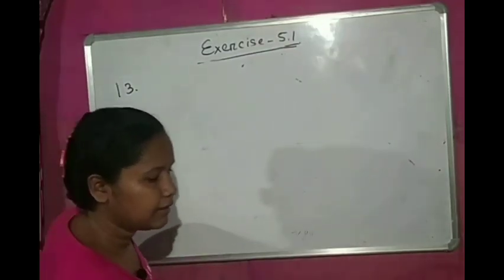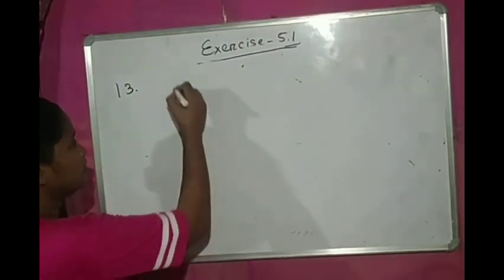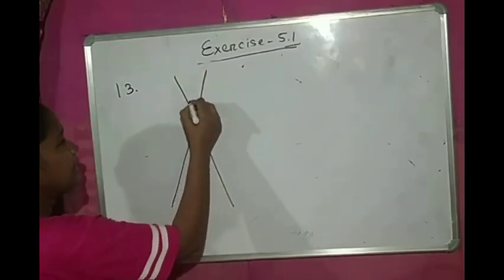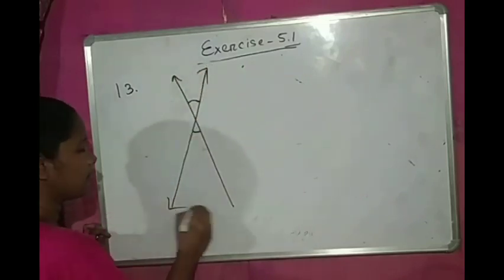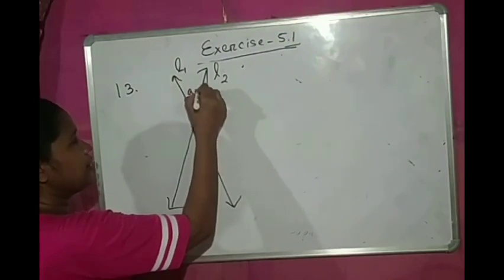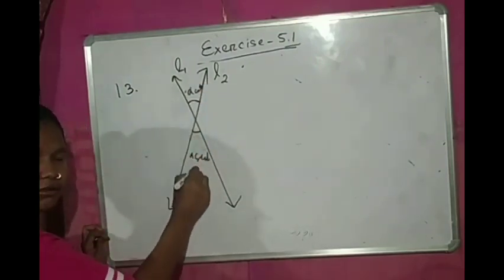Now you can see it. If I make it like this, this is line L1, line L2. If this is an acute angle, this is also an acute angle. So one pair is acute angles.